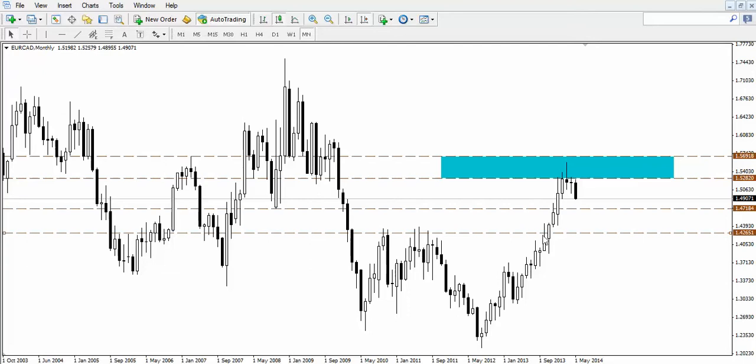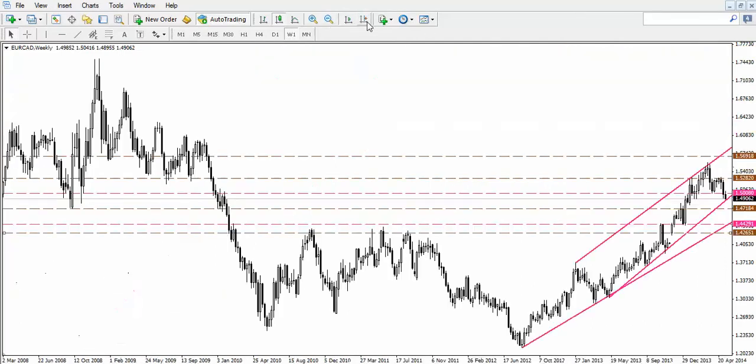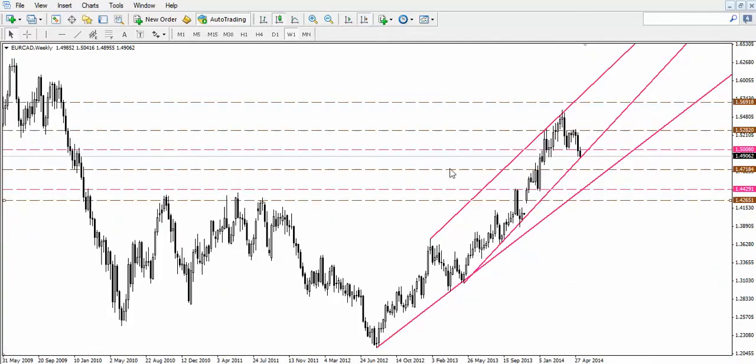We had a nice preceding trend, and on the monthly chart anyway, here are my other levels of support that could cause problems in the trade moving forward. Moving down to the weekly chart, you can see a little more clearly how this pair has been trending.